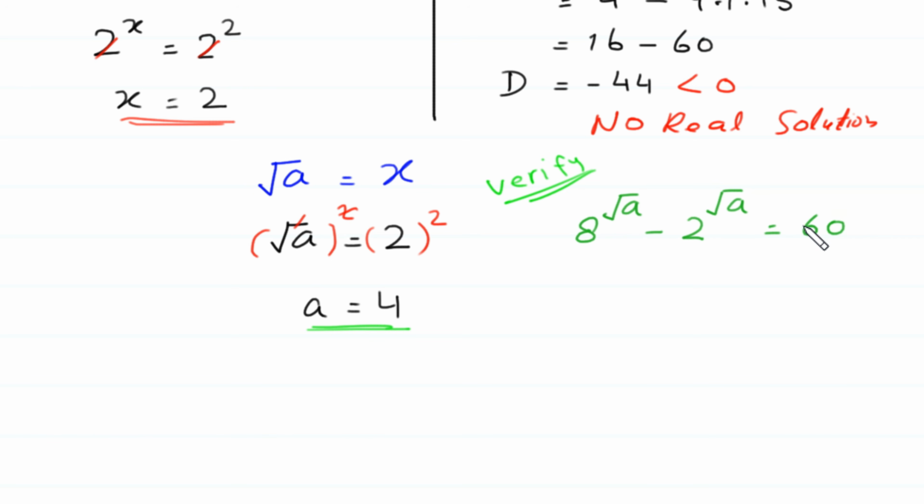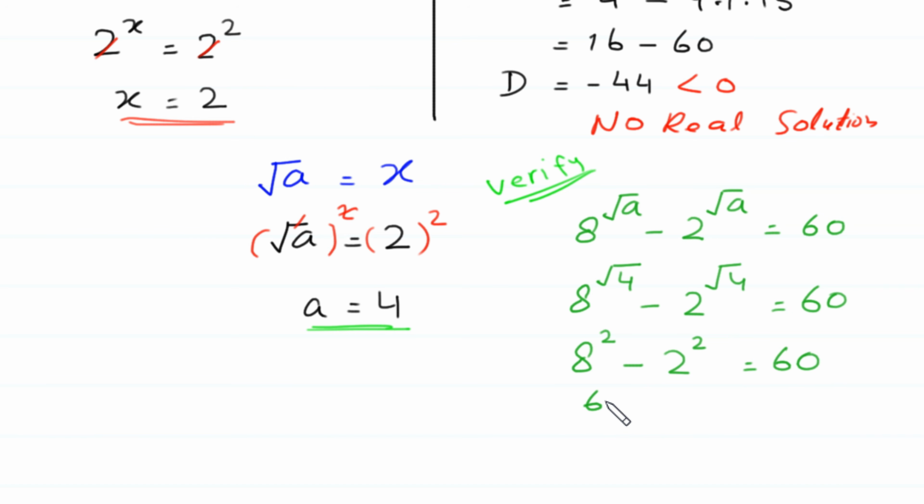In this equation we put the value of a 4. 8 to the power square root of 4 is 2, minus 2 to the power square root of 4 is 2, is equal to 60.